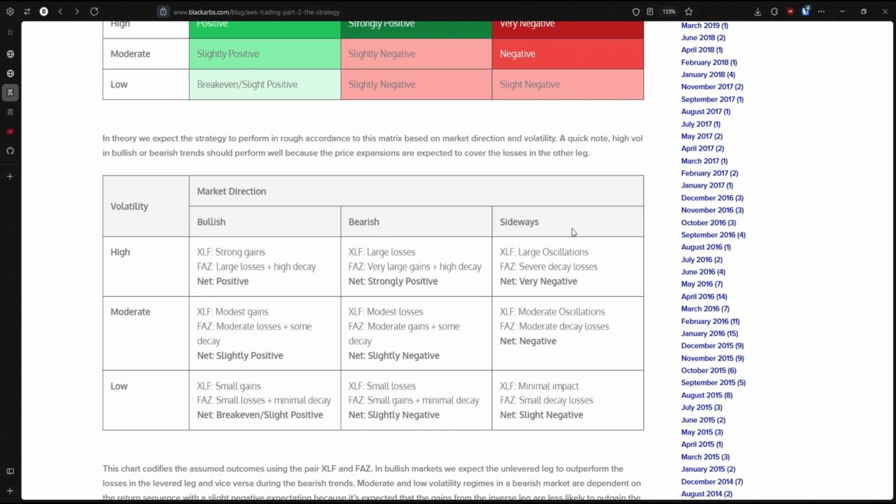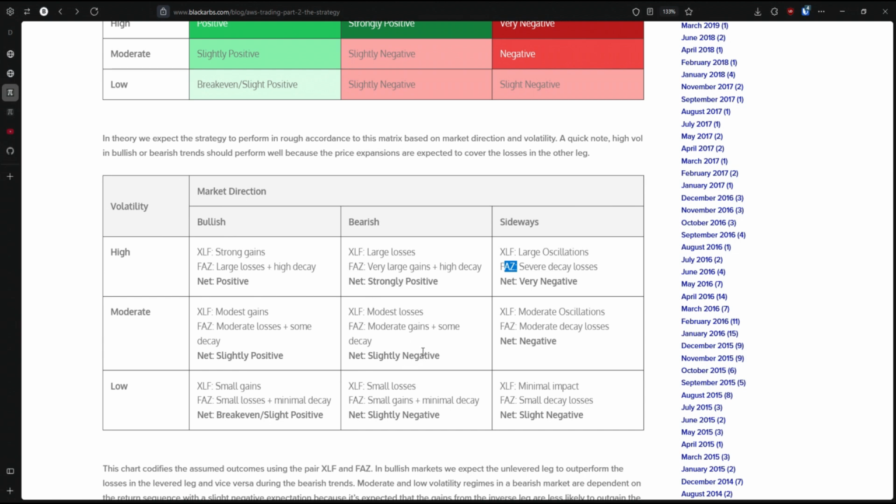And you can see sideways, again because of the severe decay losses, we don't expect the leveraged leg FAZ to outgain the losses in XLF, and XLF is basically going to oscillate around zero, and so the strategy is going to lose a lot. So we're not going to gain anything on the upside, and we're not going to gain anything on the downside, and we're just going to keep losing because of the decay of the FAZ, the leveraged leg.